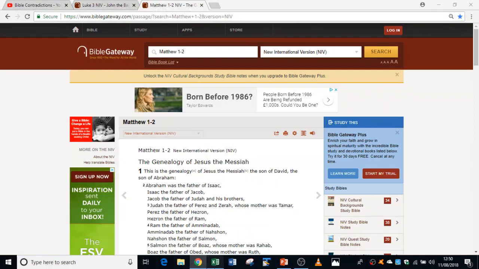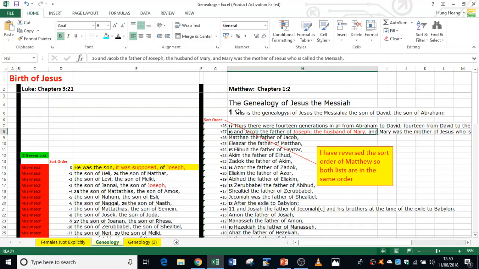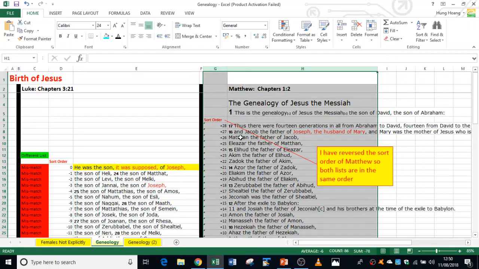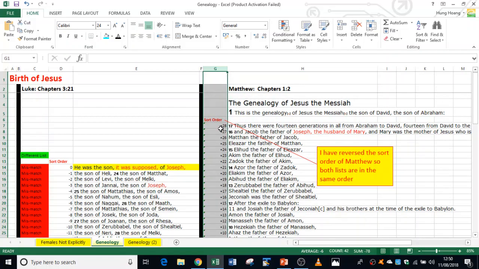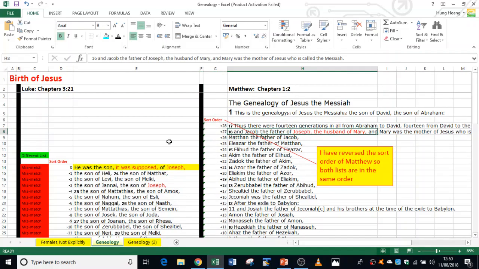So what I've done is taken the Matthew list and sorted it, using this sort order column G, so that both lists are in the same order. Can you see that now? So Joseph here and Joseph here. Okay, now we can have a comparison.